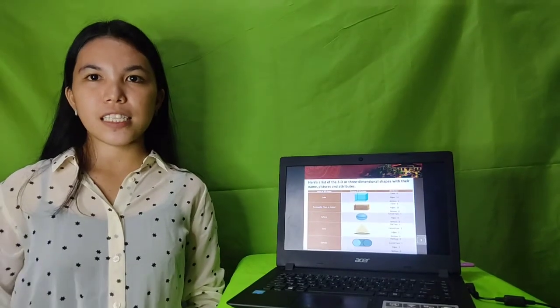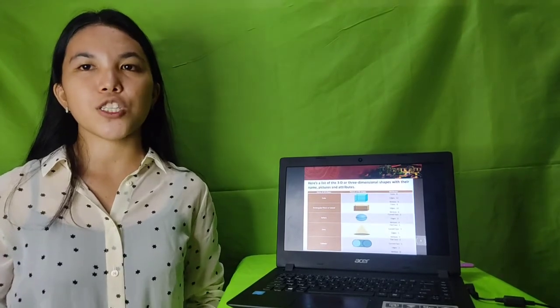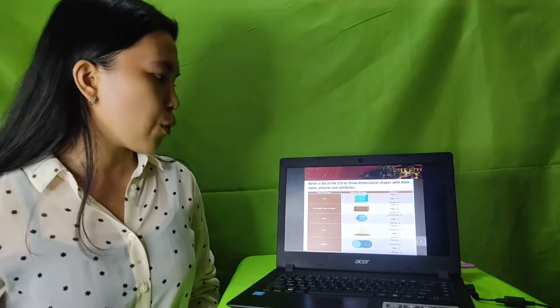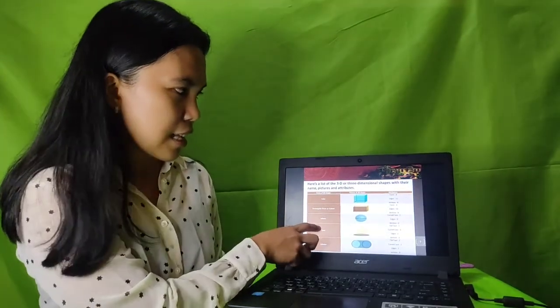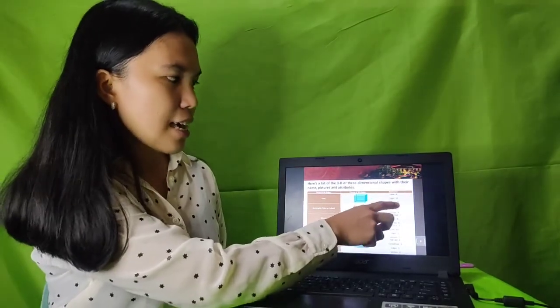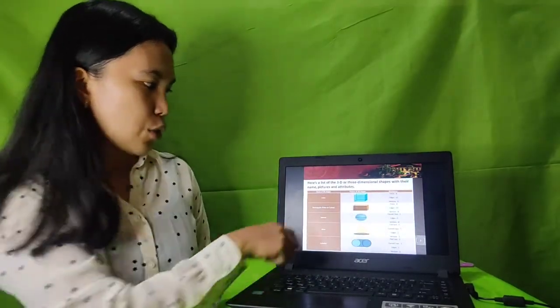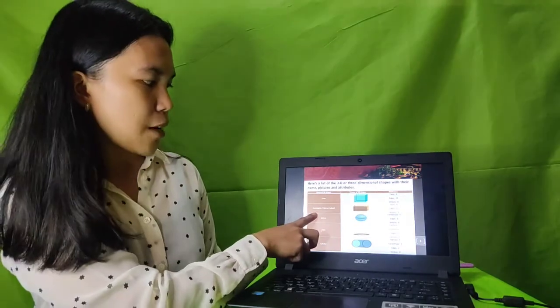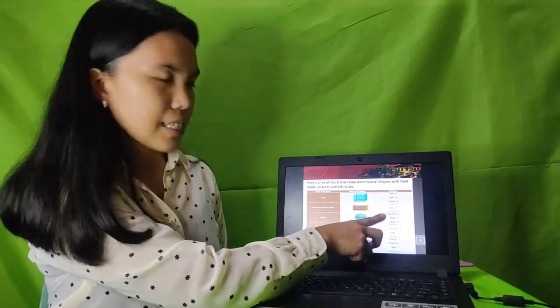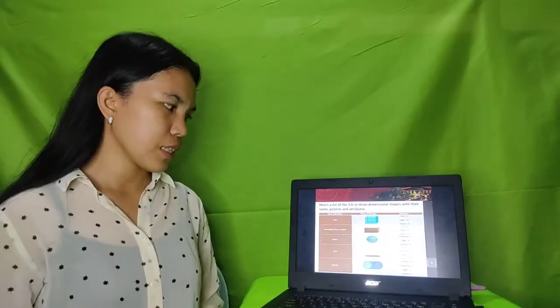So, here's the list of 3-dimensional shapes with their names, pictures, and attributes. A cube has 6 faces, 12 edges, and 8 vertices. A rectangular prism or cuboid has 6 faces, 12 edges, and 8 vertices.